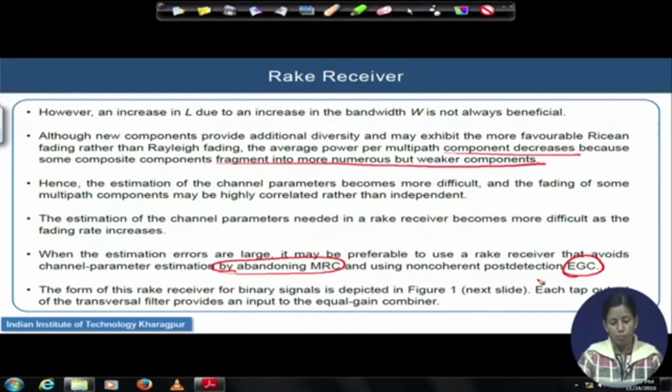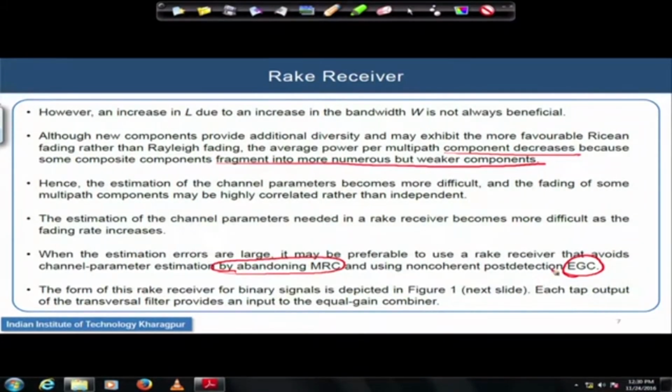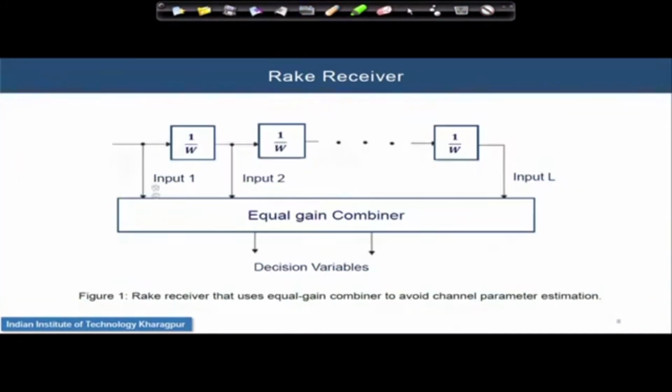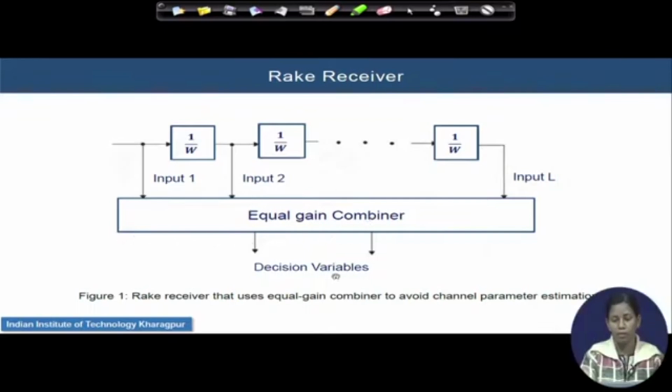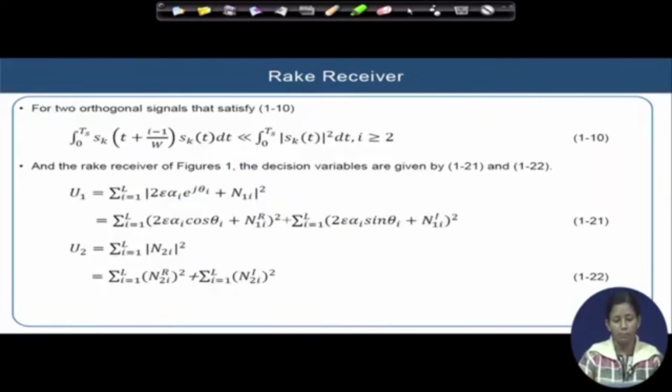And to form this kind of Rake receiver for a binary signal, we can replace the earlier architecture that we have seen in the last module by this architecture. All the taps come out, and finally they have equal gain, getting added up in the equal gain combiner, and here is the decision variable which takes the decision about the transmitted symbol.